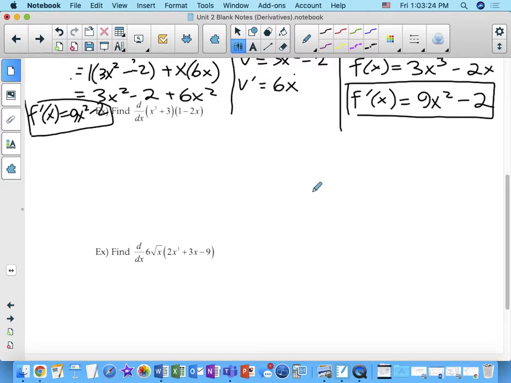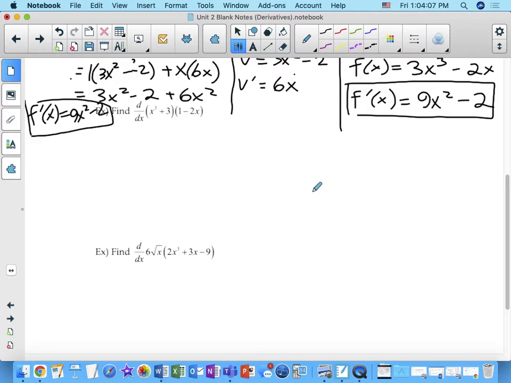But as soon as we bring in other types of functions, like exponential functions, logarithmic functions, radical functions, which can be written with a power so that falls into the category of power rule, trigonometric functions, all of those types of things, we have to use the product law, okay? So this guy over here, again, we could try and do it using expansion as well, but let's start by using the product law.